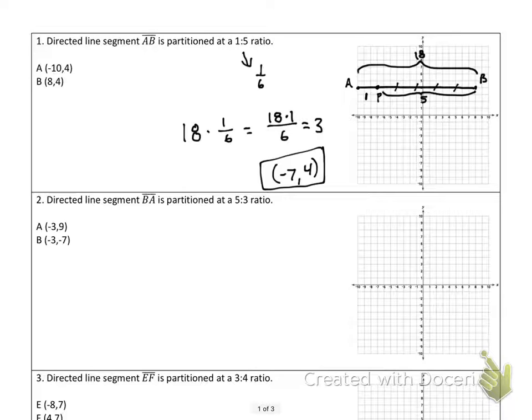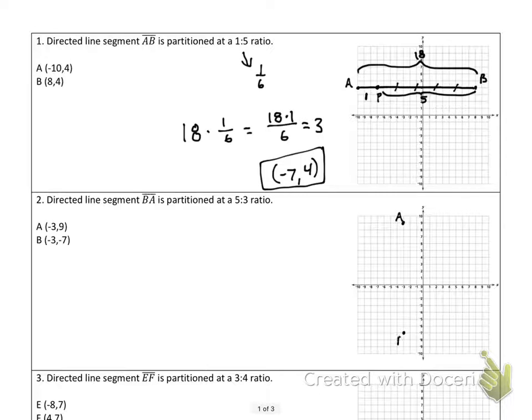Okay. So let's just do the next one, and we'll call that good enough for today. The next one is a 5 to 3 ratio. In fact, what I'm going to do is I'll just draw the 2 points on here. So it goes from -3, 9. So there we go. There's A. And B is at -3, -7.